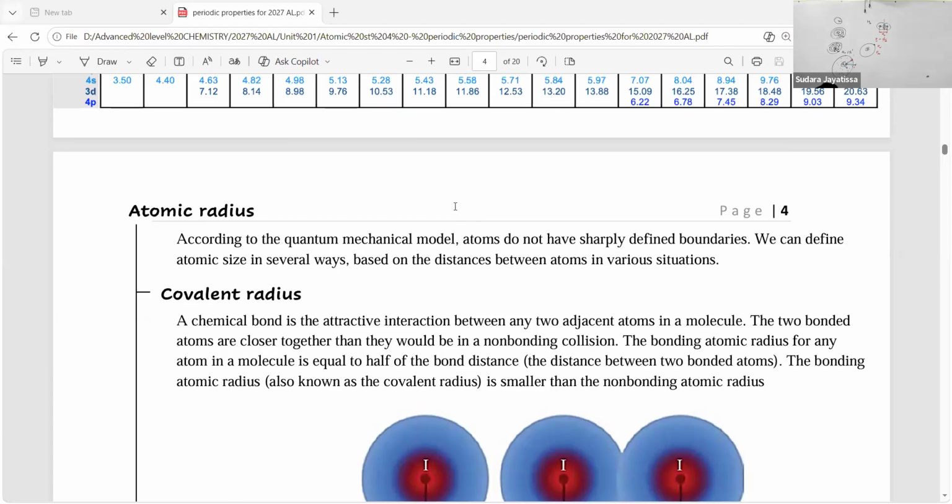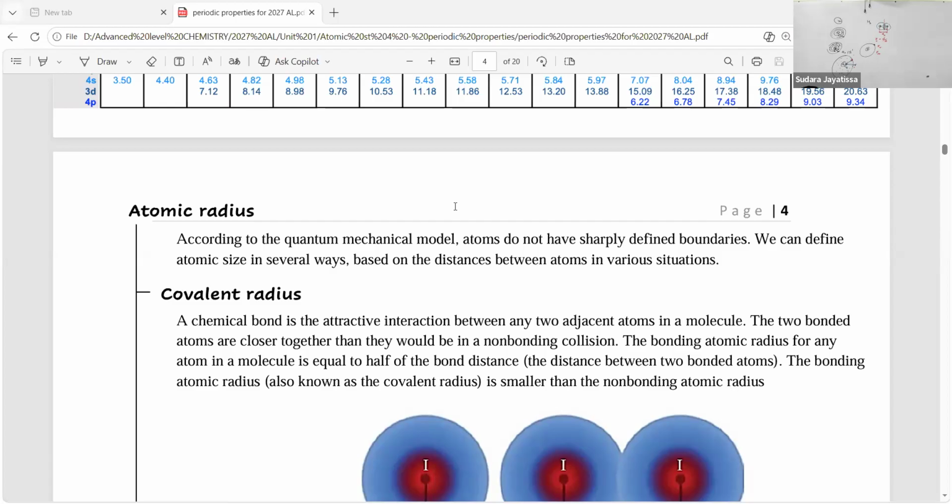We'll understand it perfectly. According to the quantum atomic model, atoms do not have sharply defined boundaries. Can you understand? Okay, so underline: have no sharply defined boundaries.